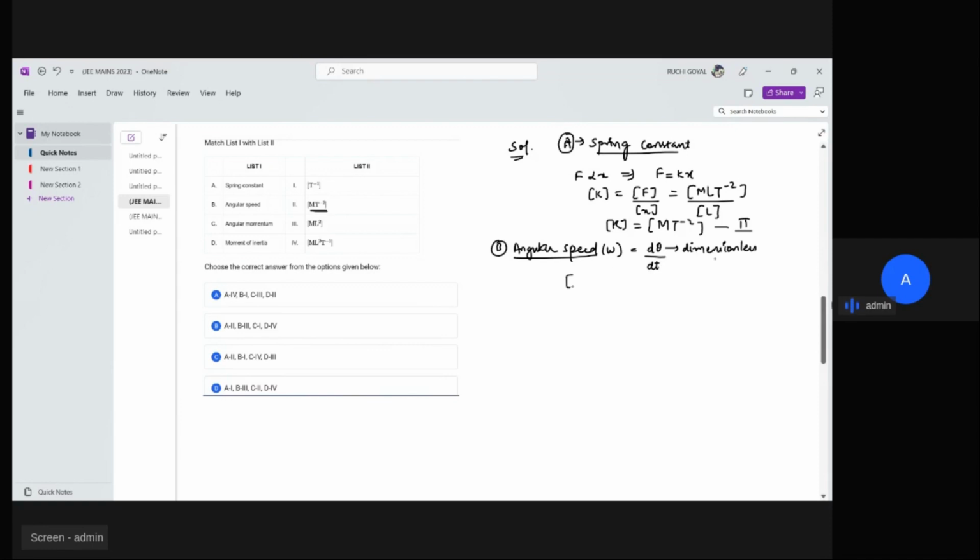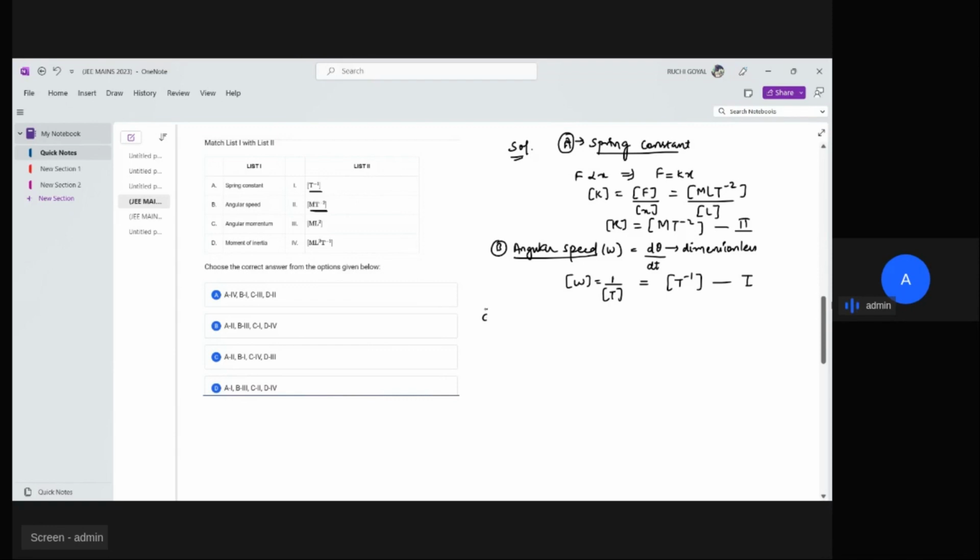So what will be the dimensions of omega? That is 1 by T, time. So it will be T^-1. This will be the dimension of angular speed. So T^-1 is in the first option. So B is matching with first. Correct?